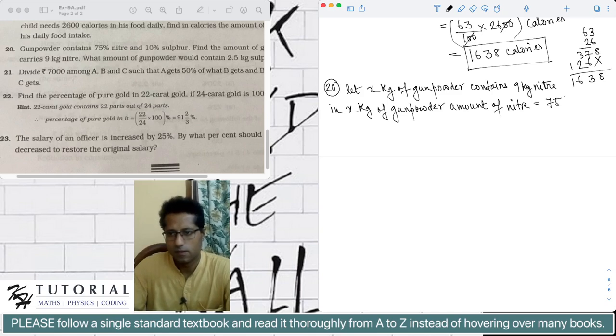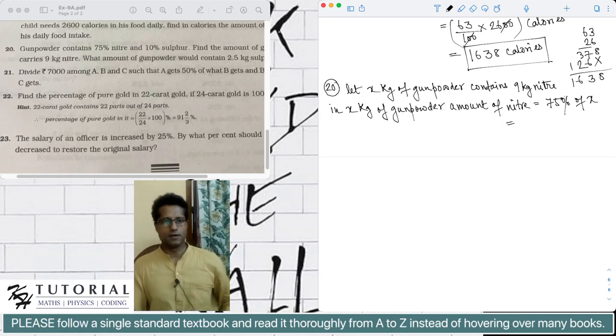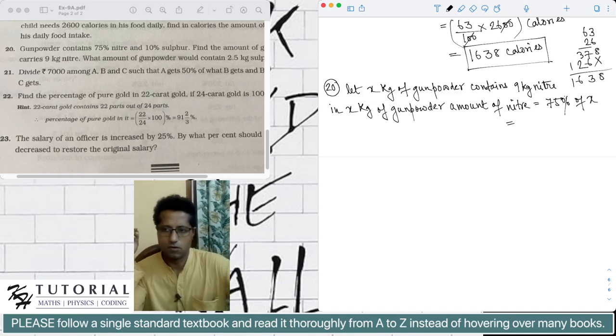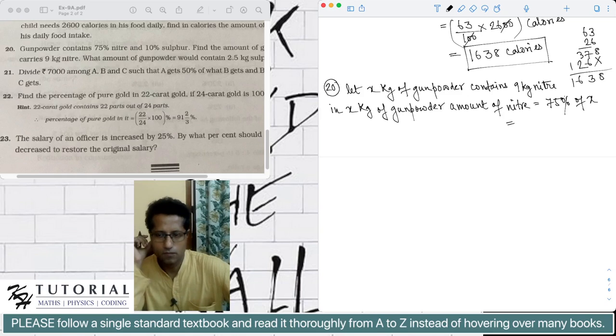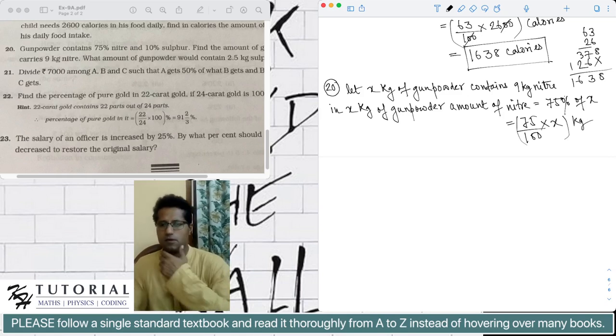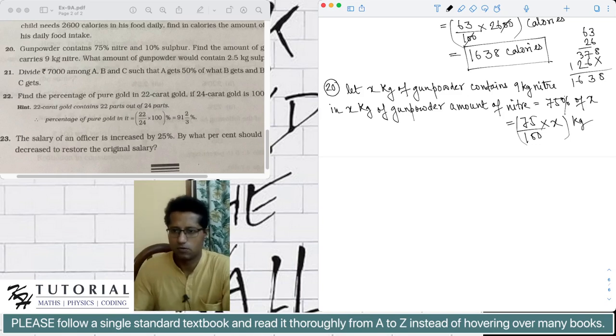That is 75% of x, because it is given that in a gunpowder 75% is niter. So if we assume that x kg of gunpowder will contain 9 kg of niter, let's find what will be the amount of niter in x kg of gunpowder based on the percentage. So this will be 75% of x. This will be 75 by 100 multiplied by x. So this 75x by 100 kg will be the amount of niter in x kg of gunpowder.